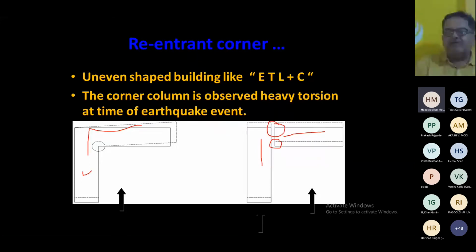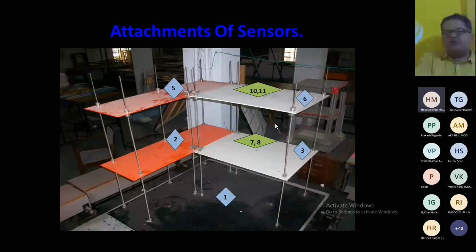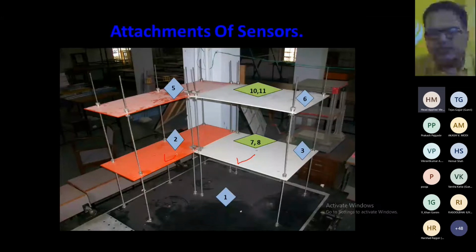When we connect, it will become an L-type building, right? And if it becomes L, then what is going to happen? Simple. Look at this. We have created two separate models, 1 and 2, right? Now, if you look at these two models, the white one has 4 columns, while the orange one has 6 columns, right?